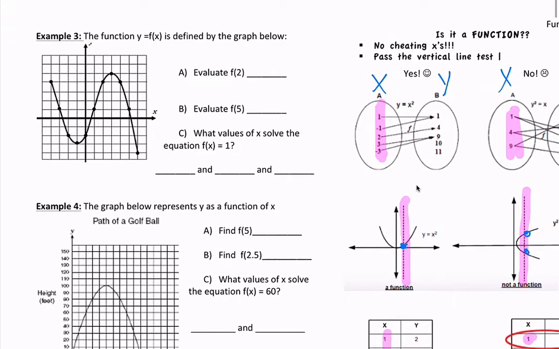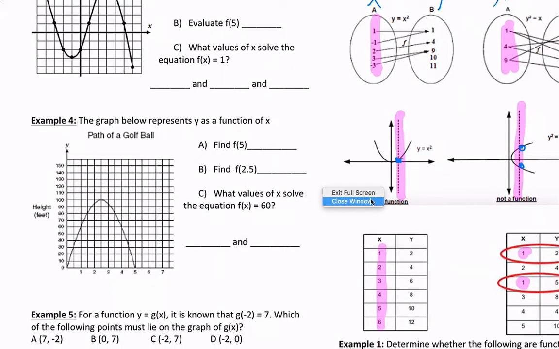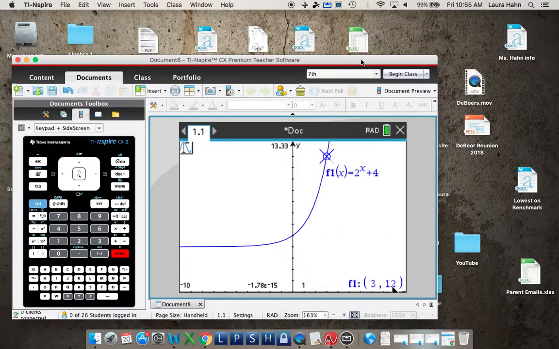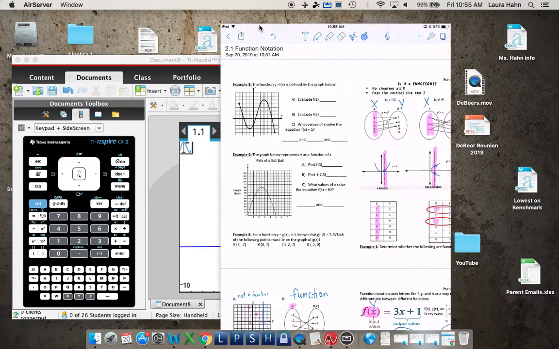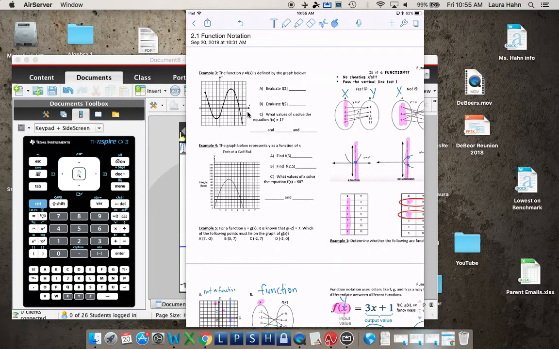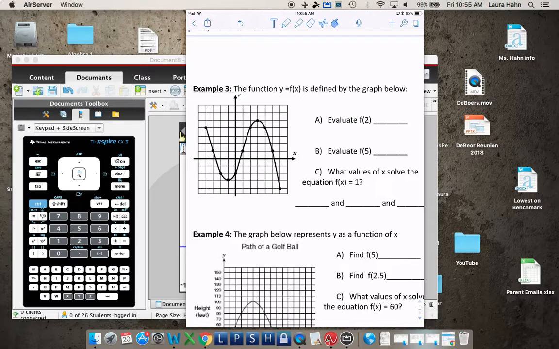But what happens if you're given a graph, not an equation? You can't plug in for x. So we know our x-axis is right here. This is our y-axis. It tells me to evaluate f of 2.